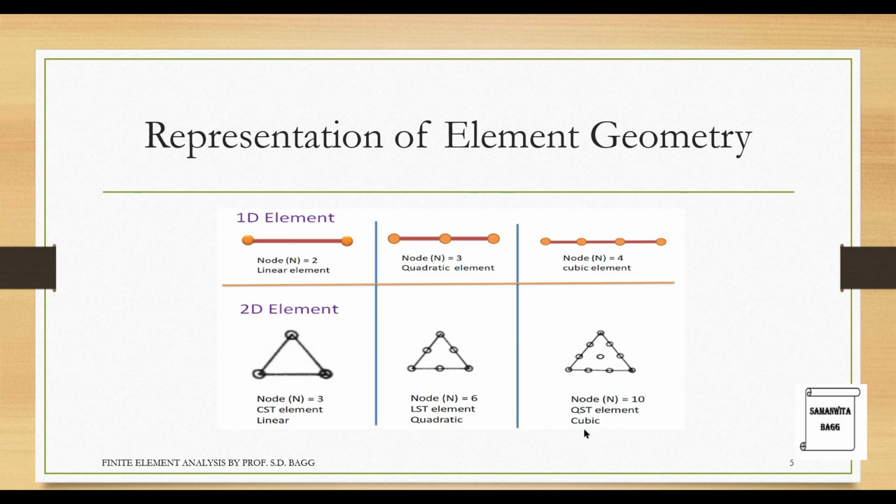So that is how you represent the elements, and this is a shape function which is representing the element. So when I say the shape function for CST element, it would indicate that you are representing with the help of CST element. When you talk about LST element and you write the particular shape function, you would indicate this shape of the element.